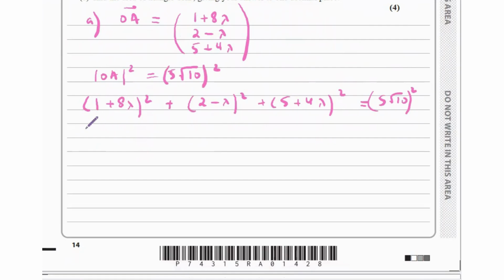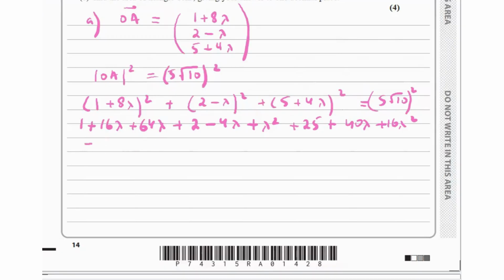So when we expand the brackets, we're going to get 1 plus 16 lambda plus 64 lambda squared, plus 4 minus 4 lambda plus lambda squared, plus 25 plus 40 lambda plus 16 lambda squared.